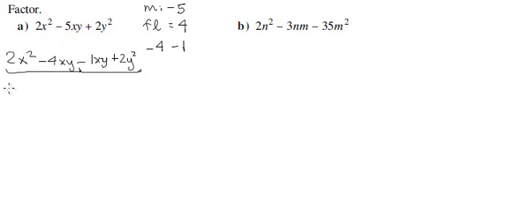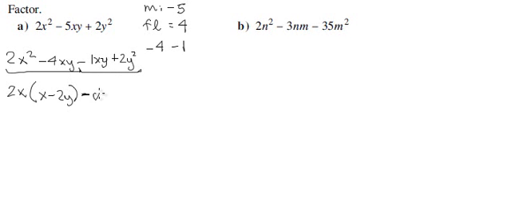Common factor here, we can take out a 2 and we can take out an x. Leaves us with x minus 2y. For the next pair, our first term is negative, so we'll factor out a minus for sure. 1 and 2, there's nothing we can do with that.